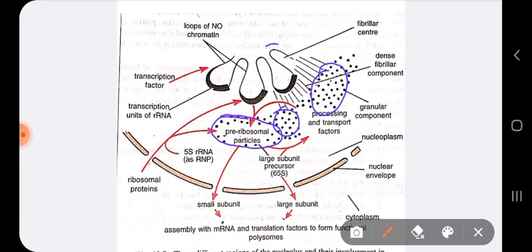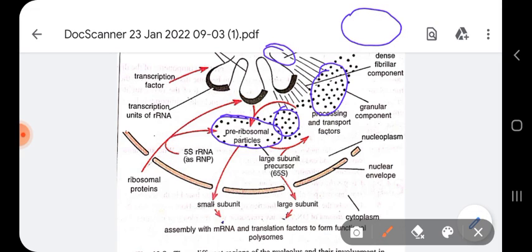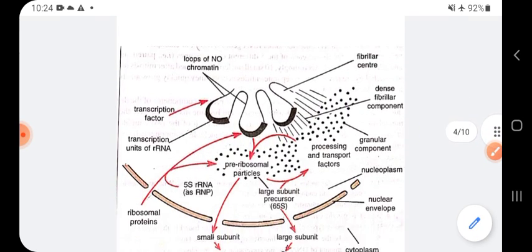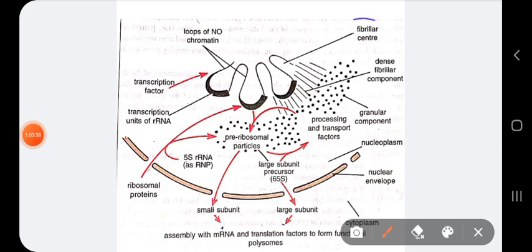The fibrillar center is the innermost region found within the nucleolus, and here transcription of the genes occurs.